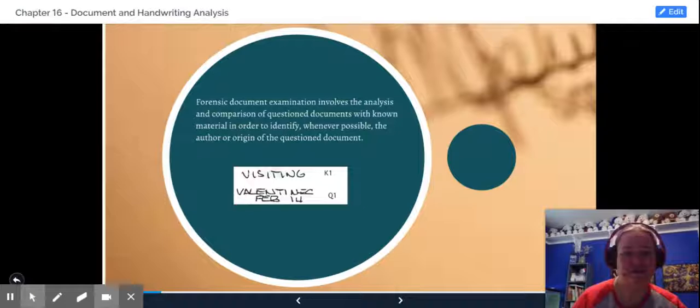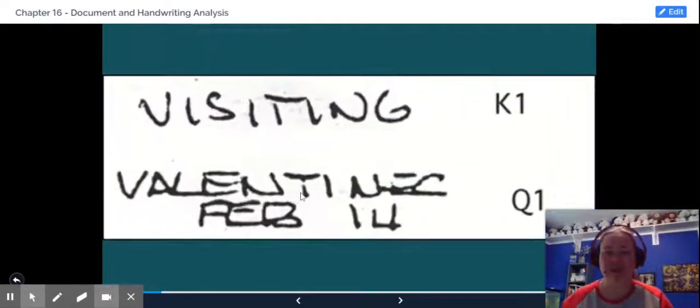All right, so a forensic examiner will look at a document and compare questioned documents with known material. A known material is called an exemplar, okay? And then the unknown is the questioned one. So right here, if you're looking at K1, that's the known sample, and Q1 would be the one we're trying to verify.